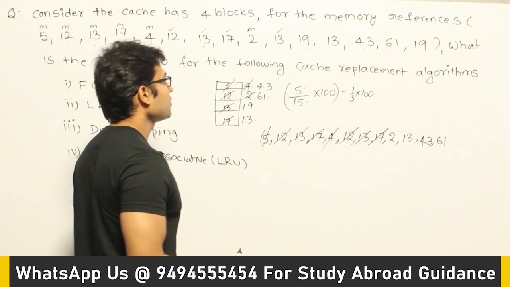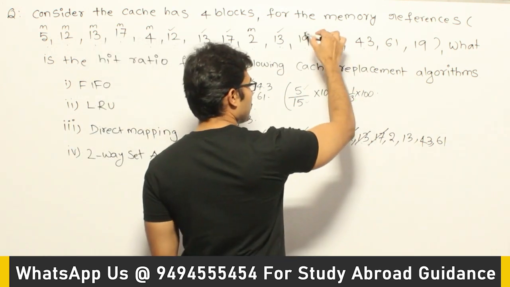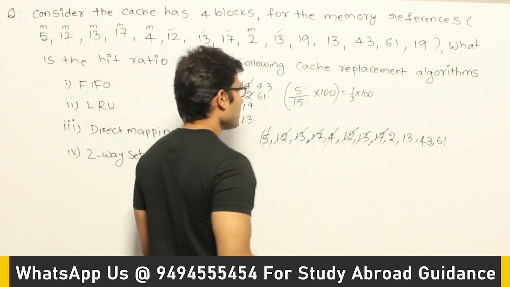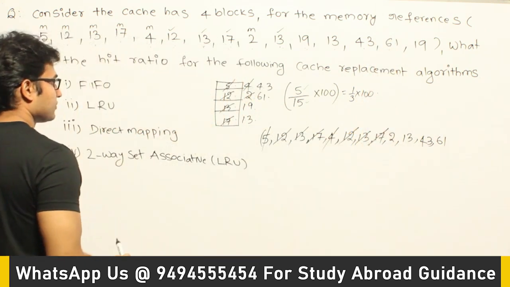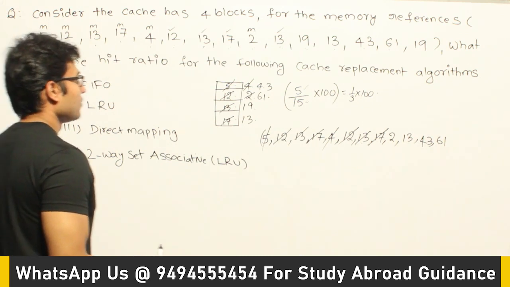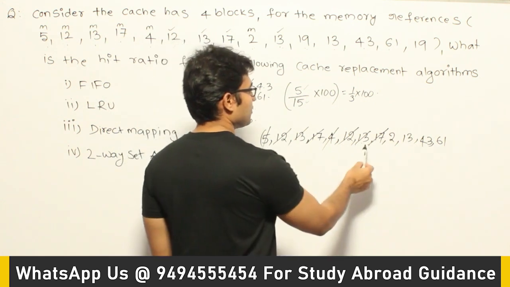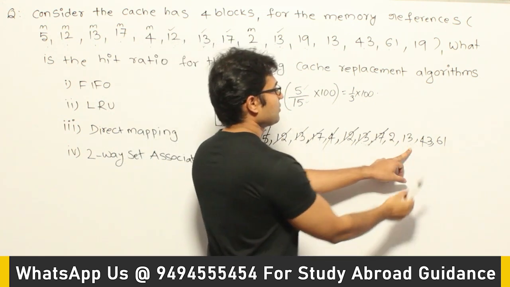So what are there? So 13, 43 was a miss, so 19, oh, I have lost track of it. I think I missed out 19 somewhere. So after using 13, the next one that is referred is 19, isn't it?